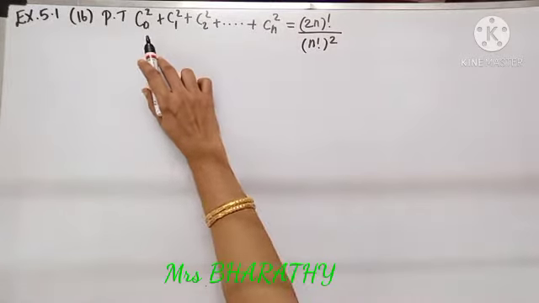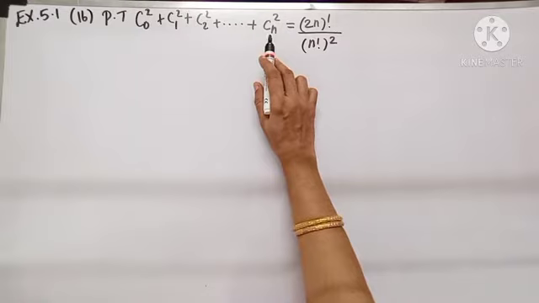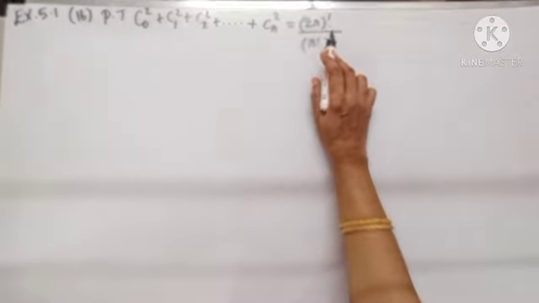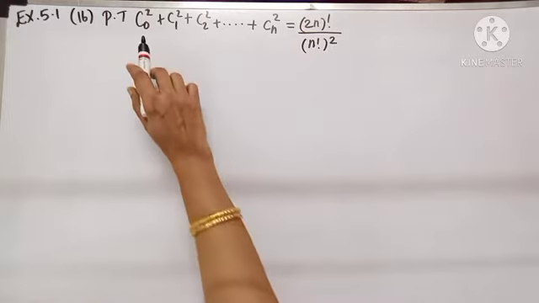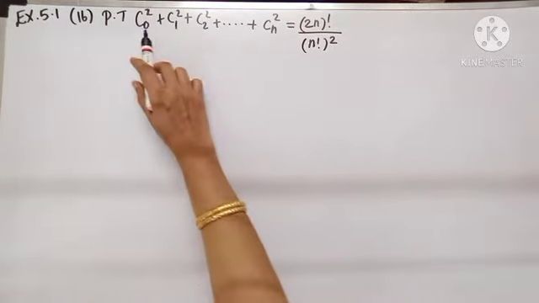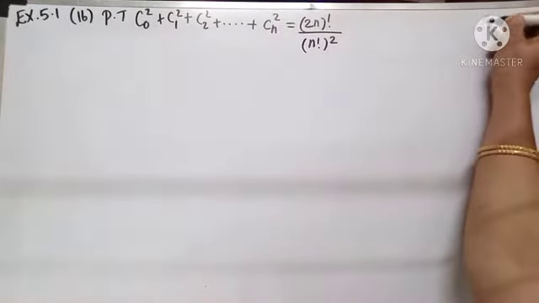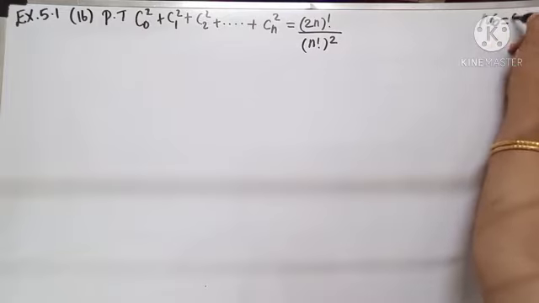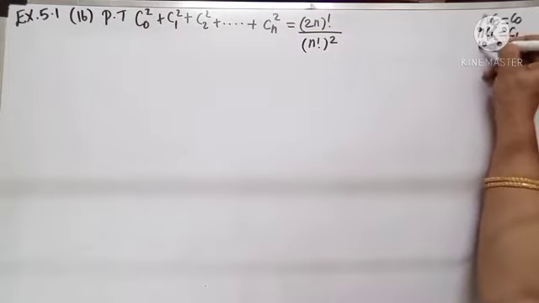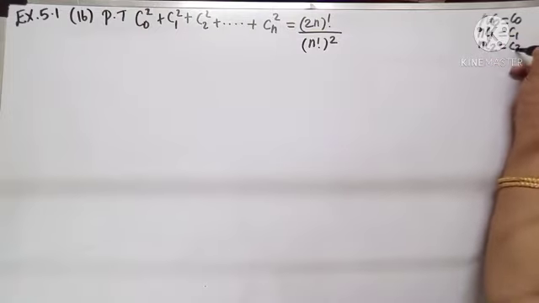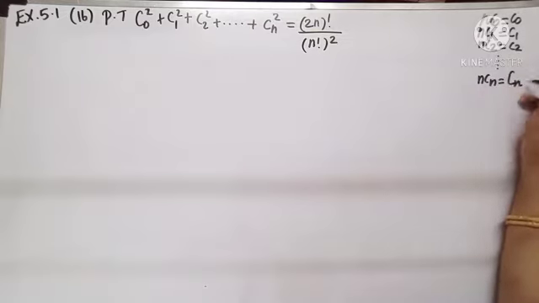Prove that C0 square plus C1 square plus C2 square and so on up to Cn square equals (2n)! by (n!) the whole square. As I see the LHS, which is C0, C1, C2, let me remember: nC0 I will call C0, nC1 I will call C1, nC2 C2 and so on. nCn we call Cn.